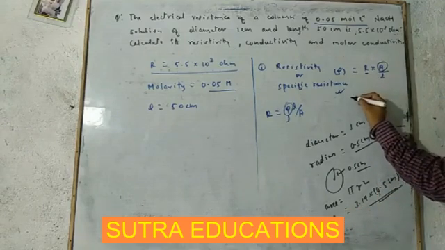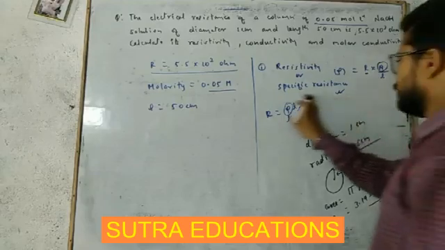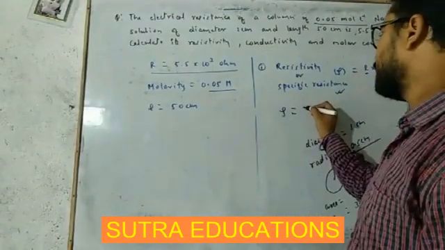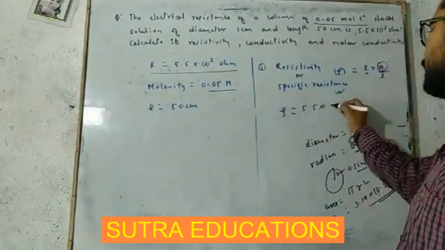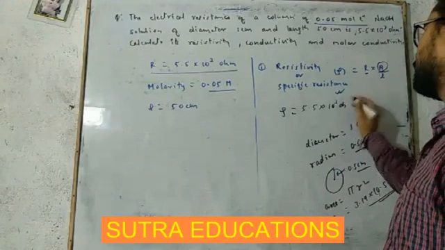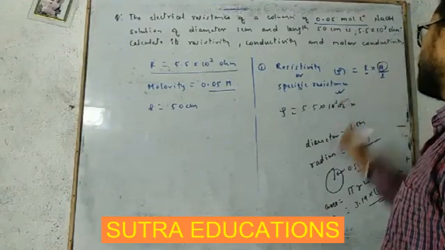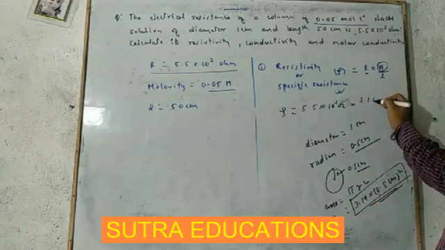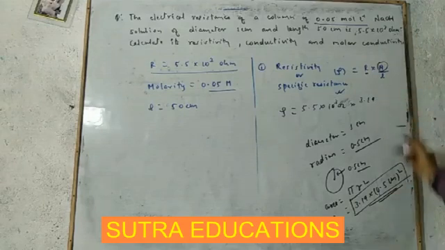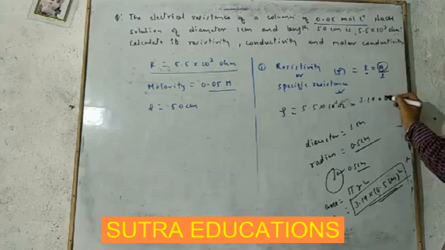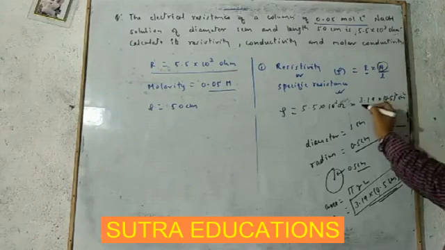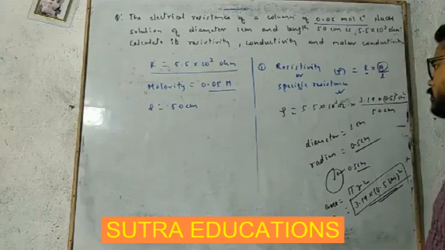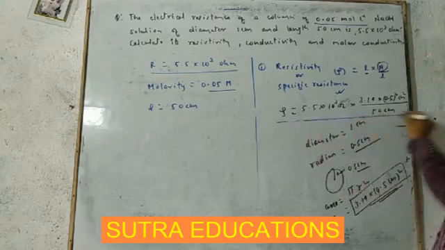Now we can find resistivity. So resistivity rho is equal to R, which is 5.5 into 10 to the power 3 ohm, multiplied by area of cross section, 3.14 into 0.5 whole square cm square, divided by length, which is 50 cm.